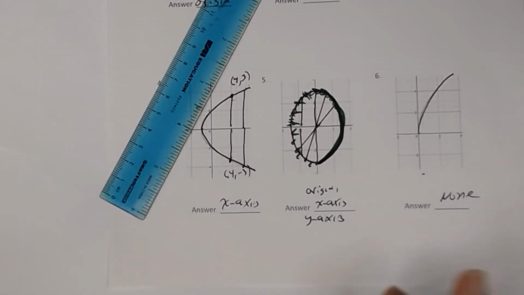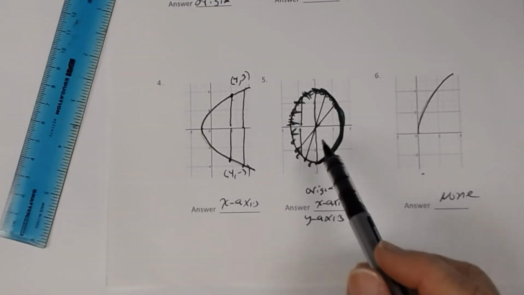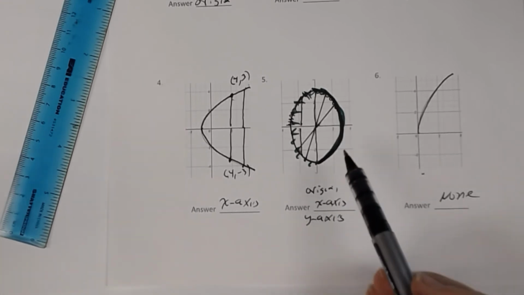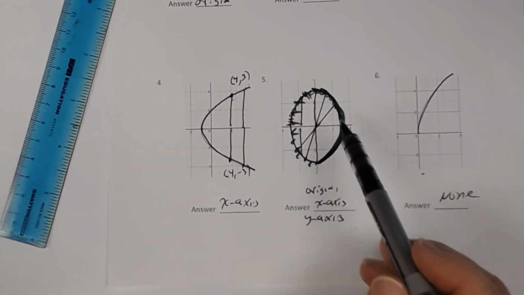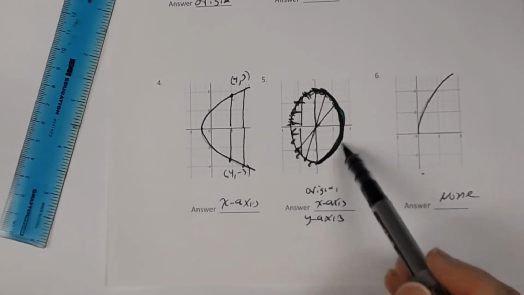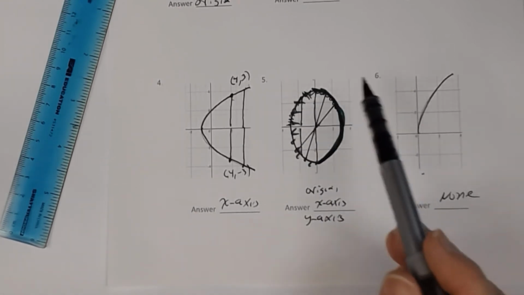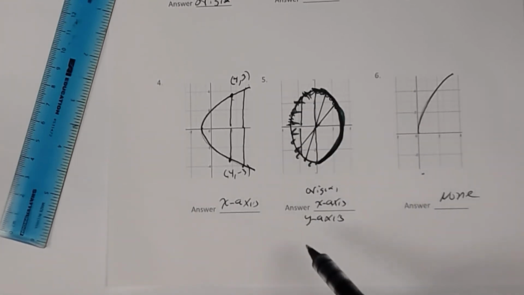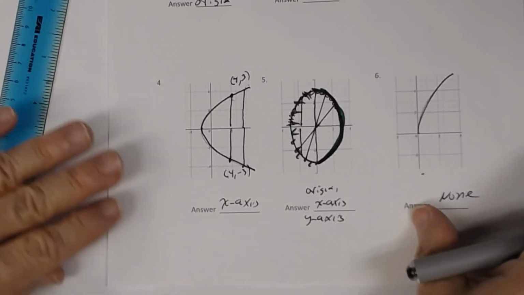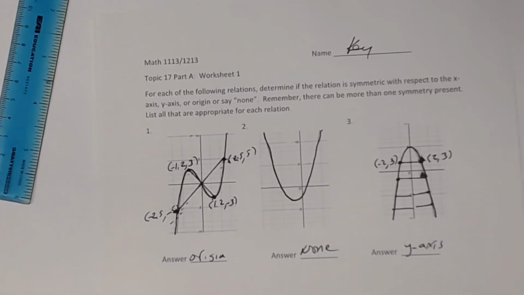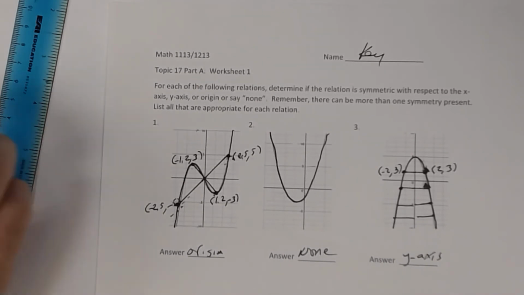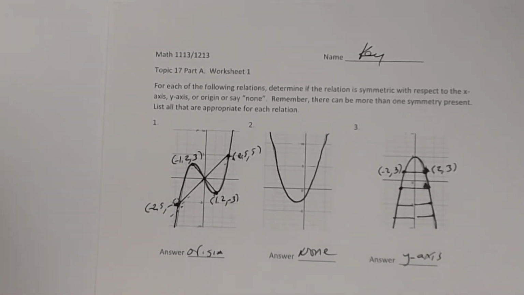Just remember though, not all circles will have all three symmetries. Listen carefully, it's only the circle, whatever the radius is, that has its center at the origin. So that is the key to topic 17, Part A.